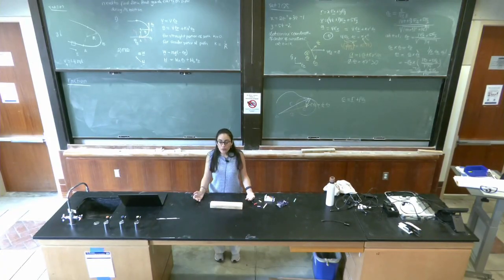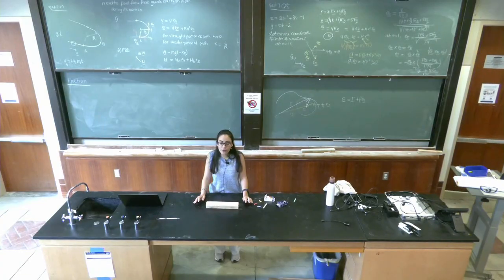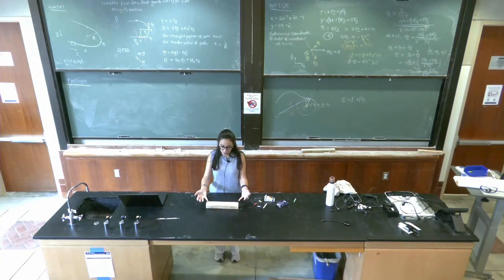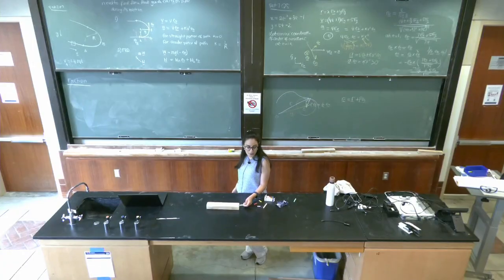What I want to try to do right now is come up with a model for friction. So look at this eraser here. If I push it with some force P, what is the model?